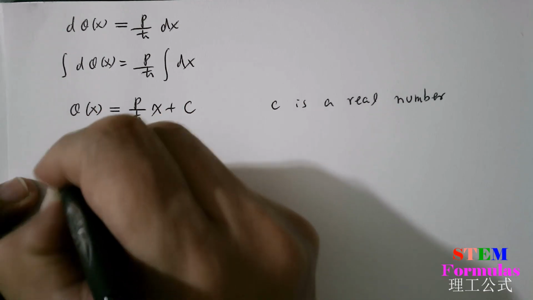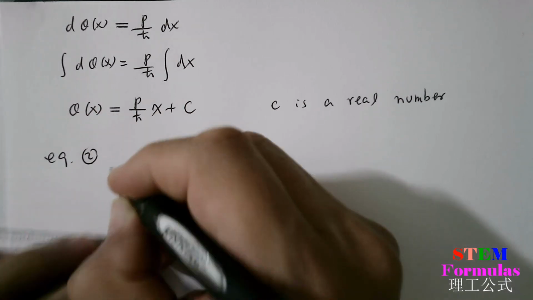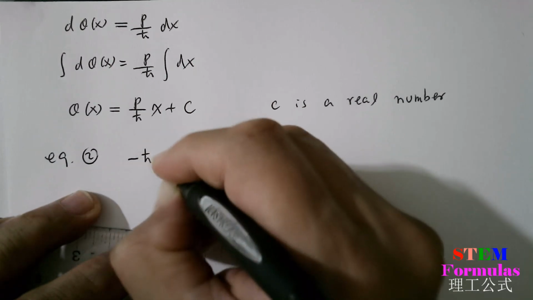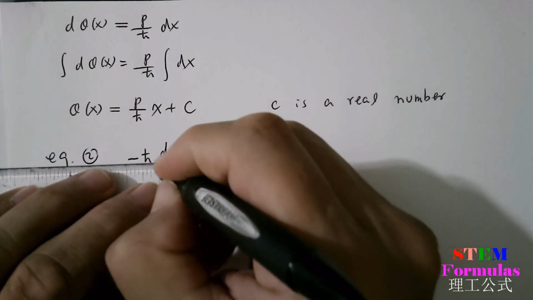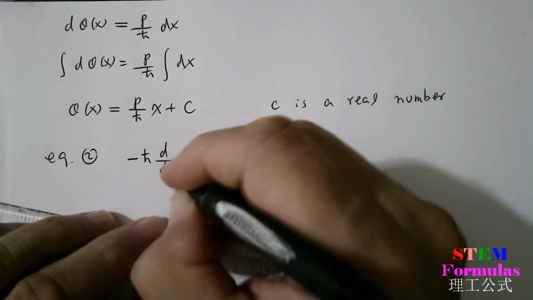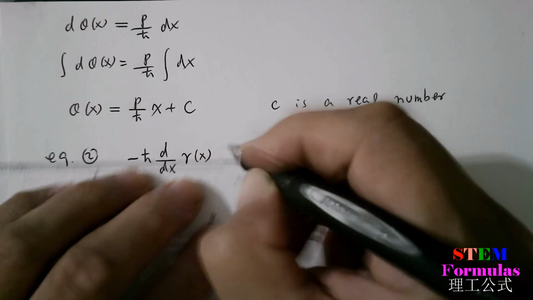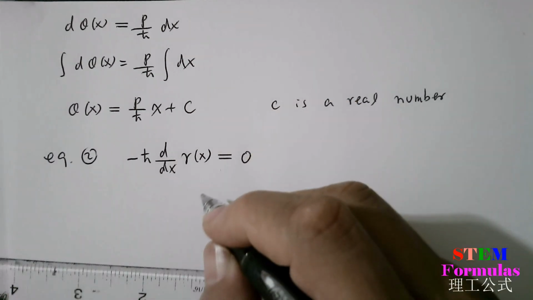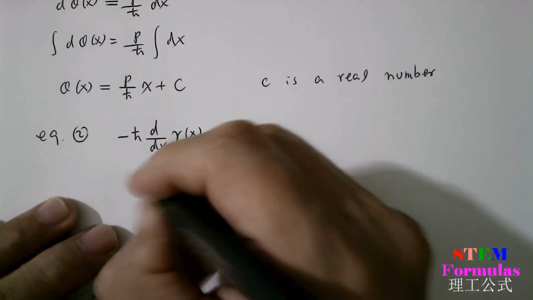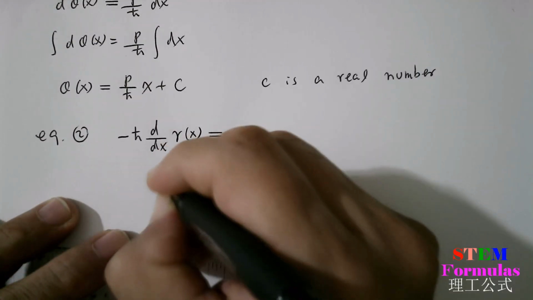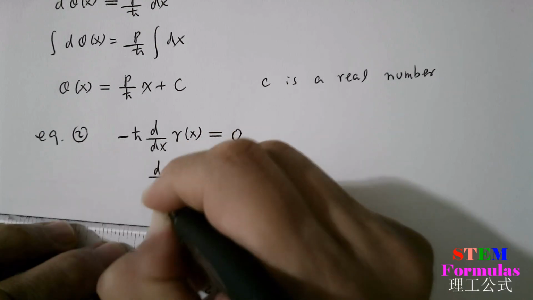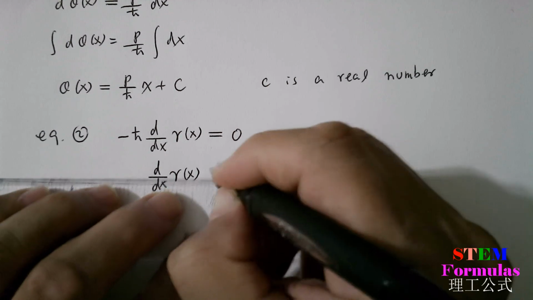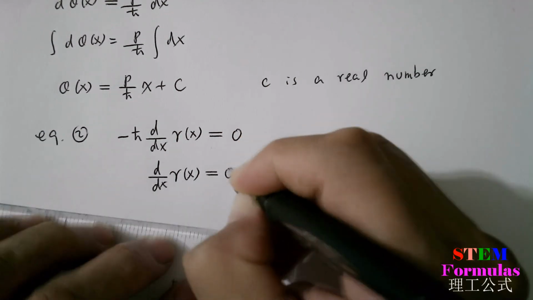Now equation 2: I have minus h bar d/dx r of x equal 0, or d/dx r of x equal 0.